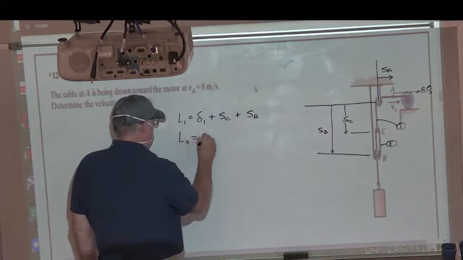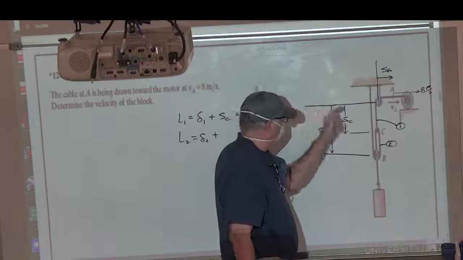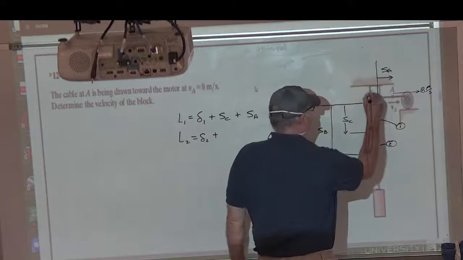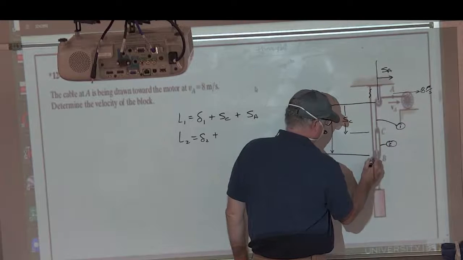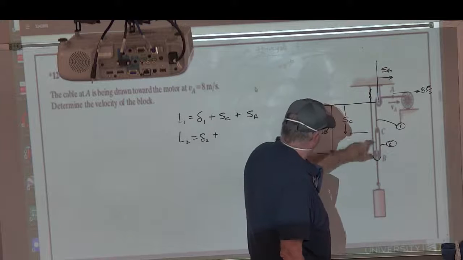For the length of 2, we're looking at the length of this rope. Think of this delta as embedded in it, rolling up and over that.